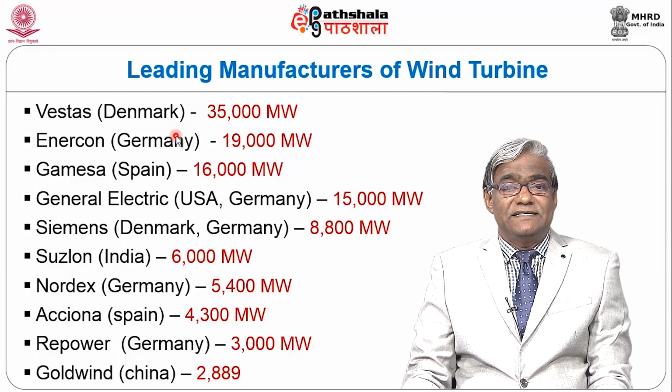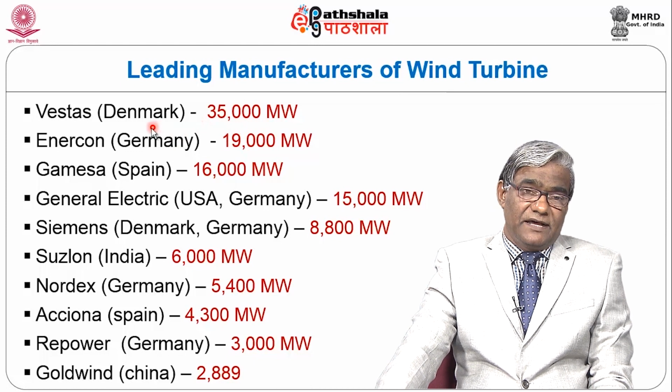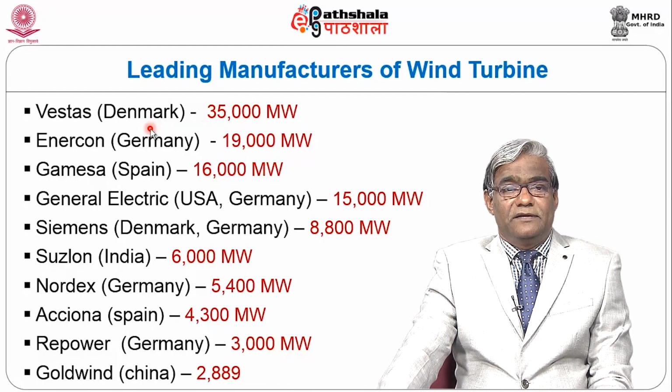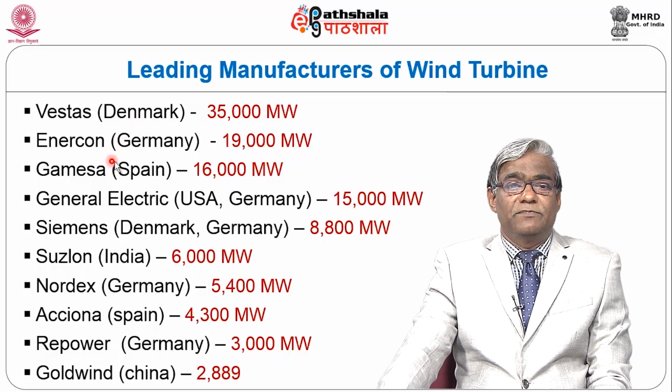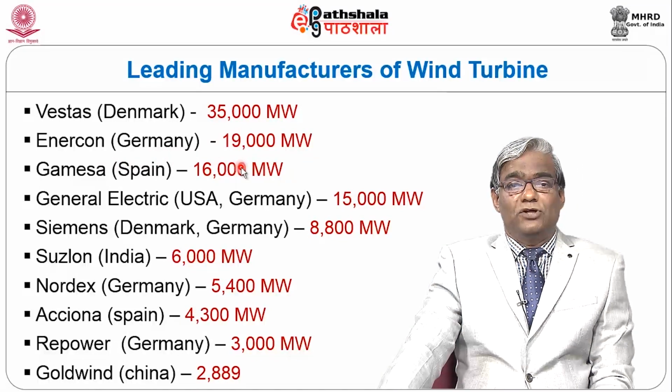Vestas is a pioneering company, situated all over the world. In India, there is a hub and an R&D unit, and the majority of the turbines are Vestas. And this is Enercon, a German based company, and they have installed about 19,000 megawatt all over the world.